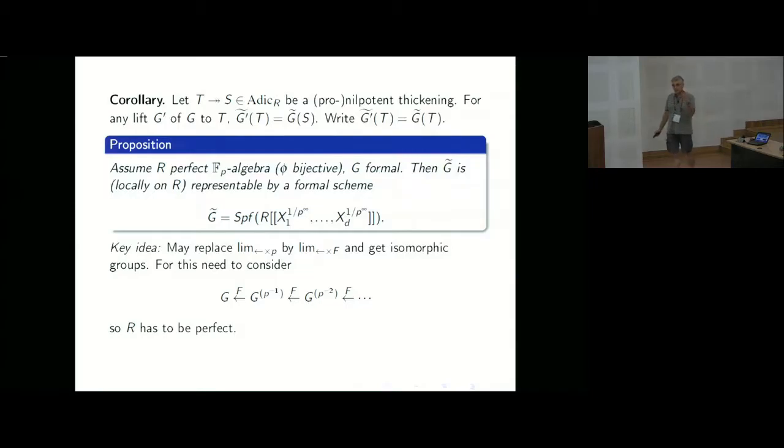But there's one technical issue that while multiplication by p takes you from G to G, applying Frobenius doesn't take you from G to G, it takes you from G to G^(p), but if you want to go backwards, you have to sort of take G^(p^-1), G^(p^-2), and so on. So you have to apply to the coefficients of G the inverses of Frobenii, and for that you need R to be perfect. So that's where the perfectness of R comes in.